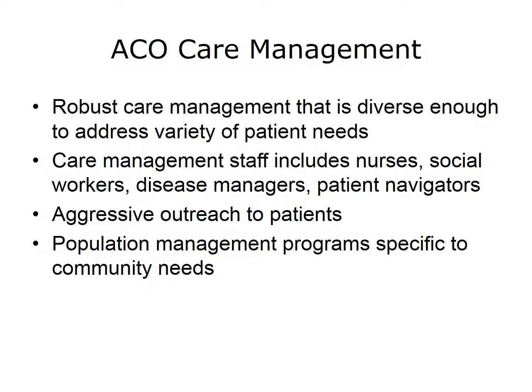Many ACOs are not equipped for aggressive outreach and communication with their patients. And, finally, population management programs will need to be tailored for specific community needs. For example, supporting patients after a hospital discharge may be very different in a rural community versus an urban or suburban one. These activities will potentially create new approaches to care coordination and complex disease management.